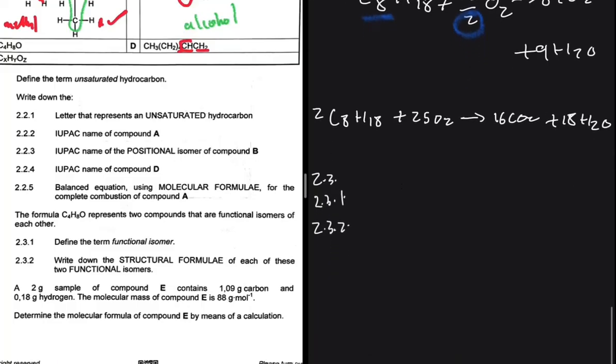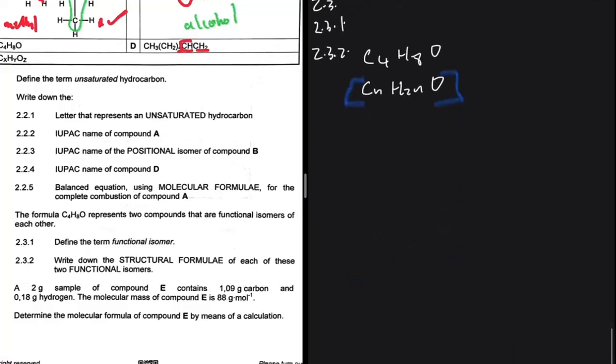C4H8O, in general formula terms, is CnH2nO. What is this general formula for? This general formula is for ketones and aldehydes, because they are functional isomers.